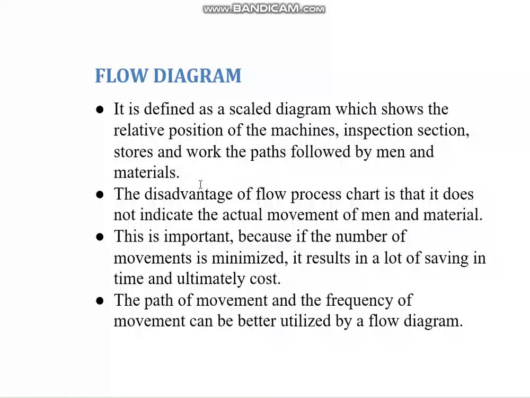These are the things we should sketch clearly. And there is a disadvantage of a flow process chart, that it does not indicate the actual movement of the men and materials. So some assumptions they may be making, because of which the actual movements are not recorded. That is one of the disadvantages.